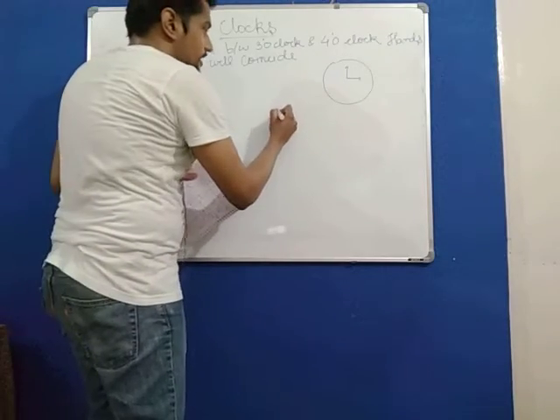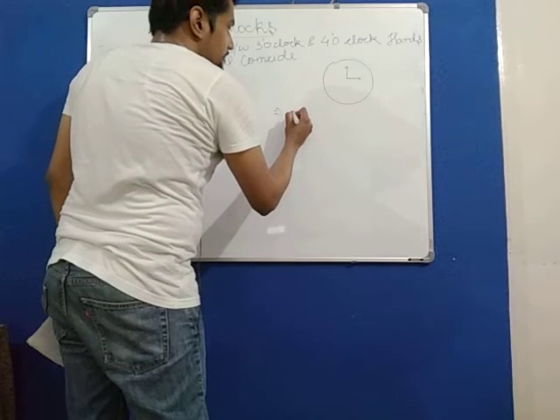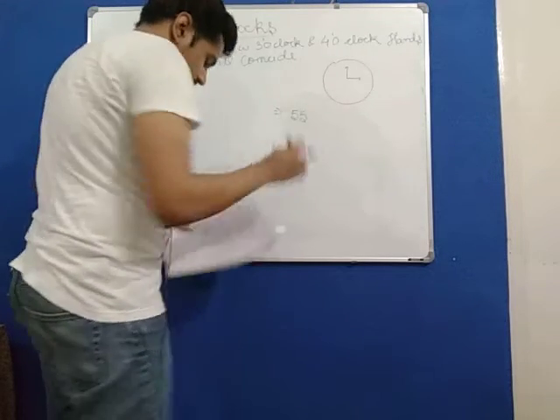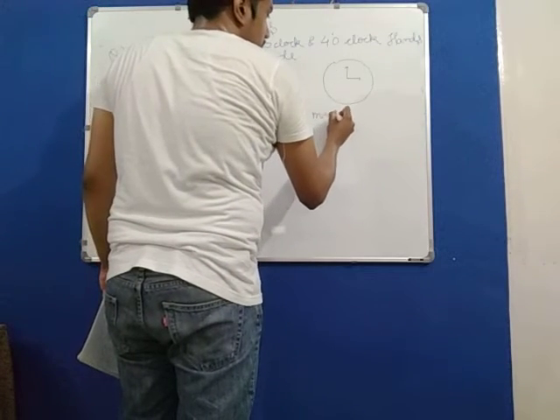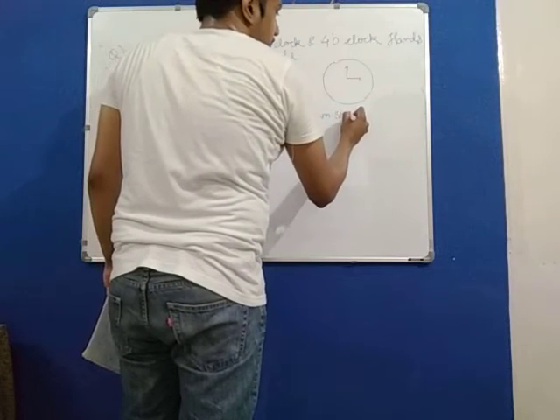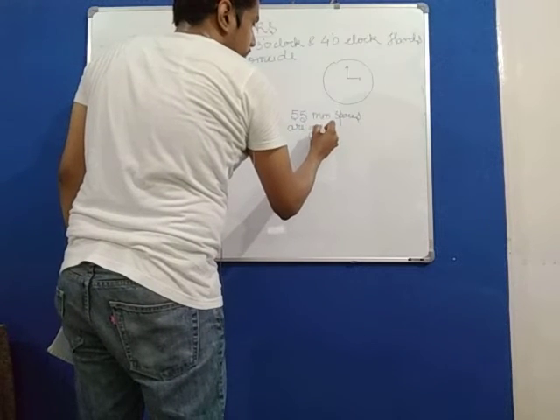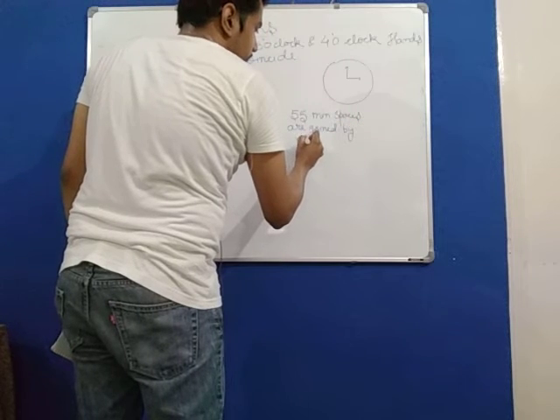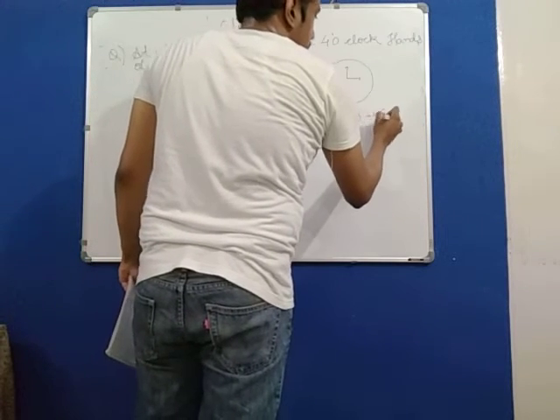So we can say that we know from what we have done initially that 55 minute spaces are gained by the minute hand every 60 minutes.